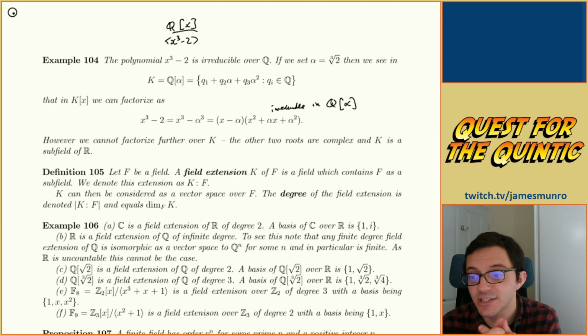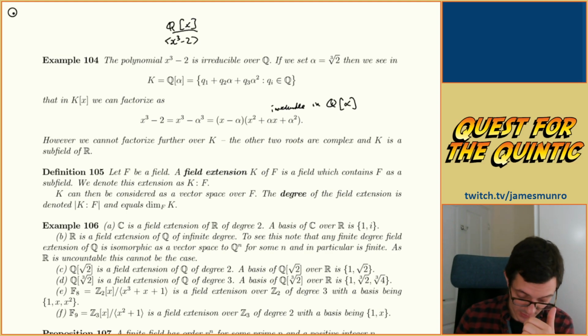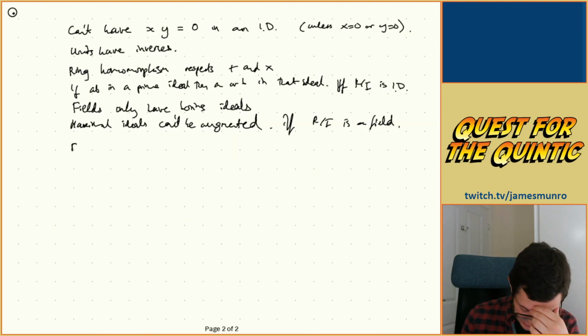We got the definition of field extension. That's one page ahead. K over F is a field which contains F as a subfield. We denote this extension as K colon F. Big thing on the left. Okay. Let's get this notation.